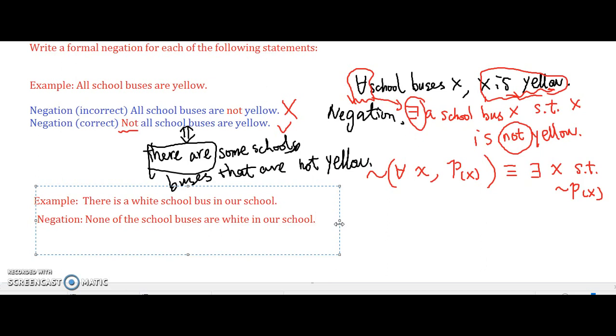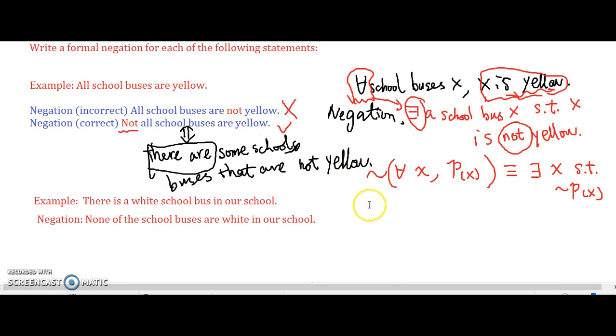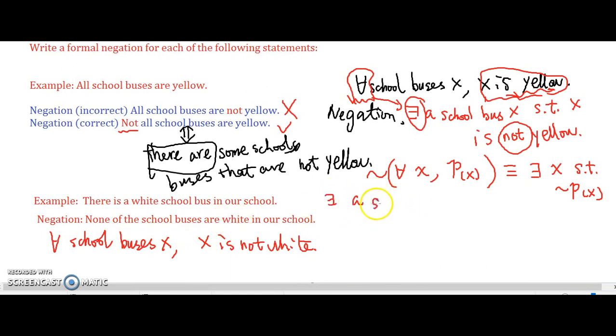If you want to use the for any or there exists symbols to describe it, that would be for any school bus X, X is not white.